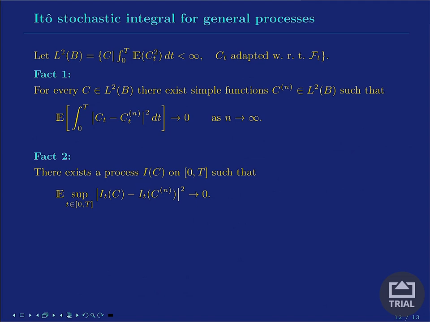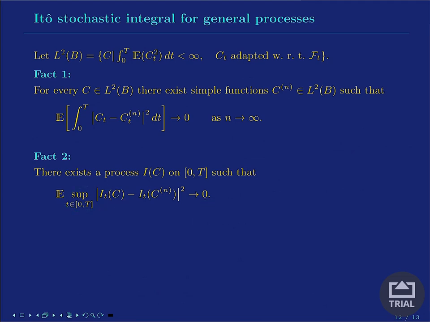Now fact 2 says that with the definition of such a c here, there exists a process I of c on the interval from 0 to t, such that the mean of the largest deviation of this stochastic integral defined for the simple process cn, and the stochastic integral or the process that is given here at the limit, converges to 0.